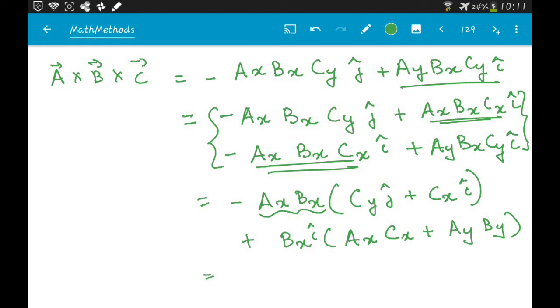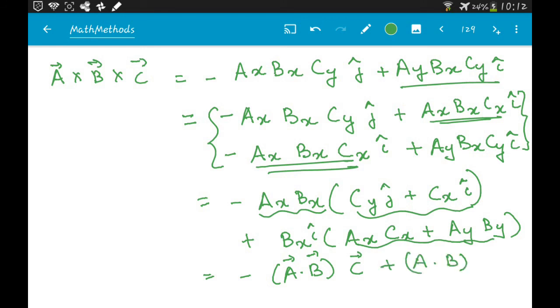This is nothing but minus A dot B into C, where C is the vector C, and this other term is nothing but A dot C into B. Okay, so this is what you get.